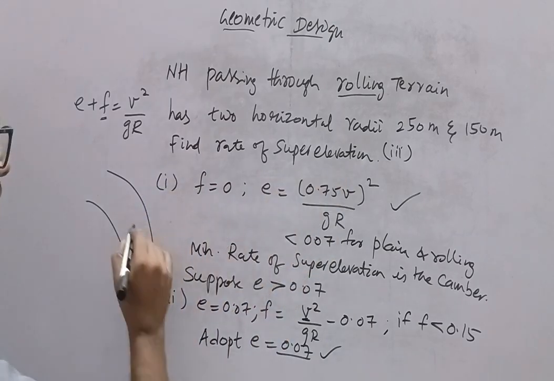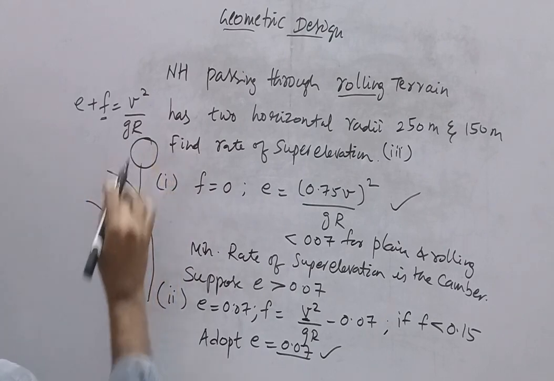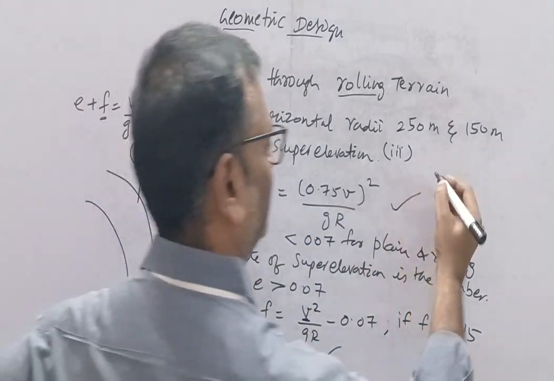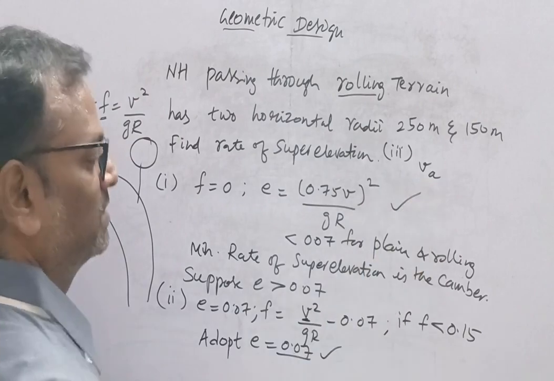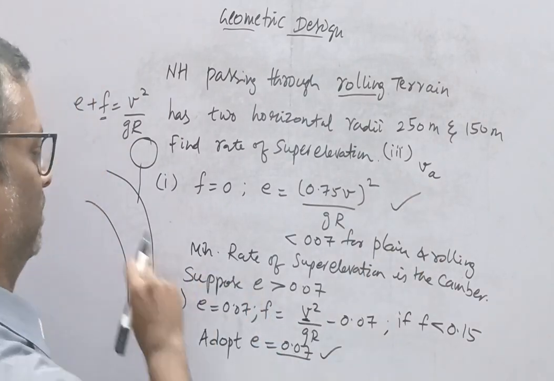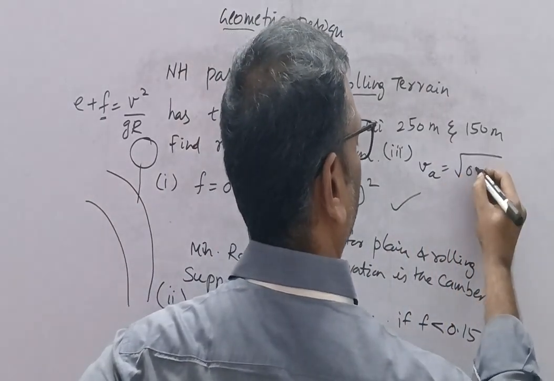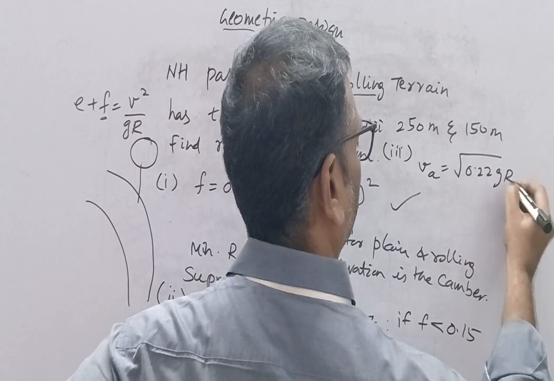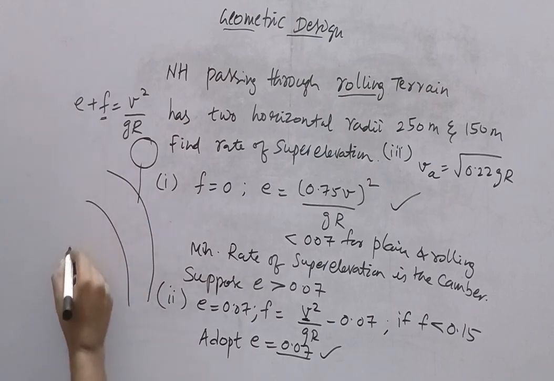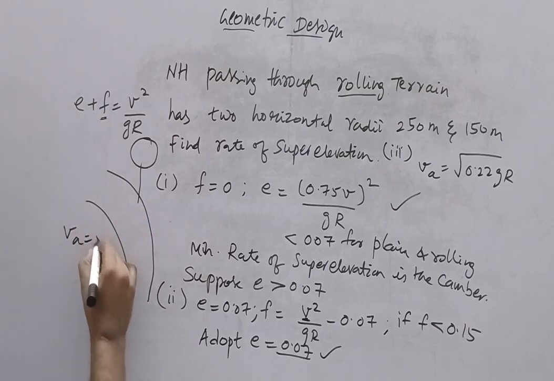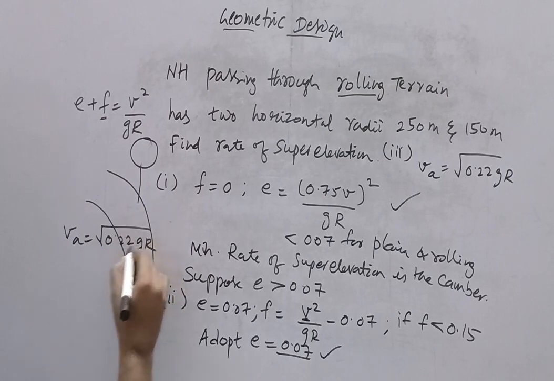The next step we are going, put a signboard and whatever the design speed comes here, the allowable design speed VA, is the allowable speed at this curve, square root of 0.22 GR.